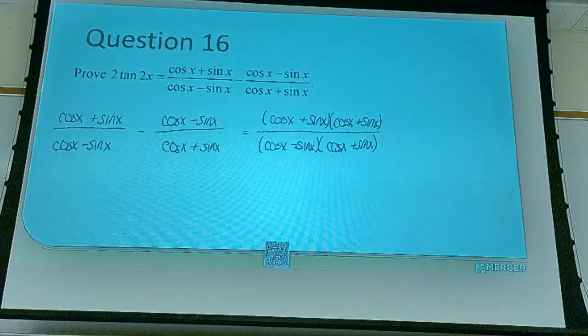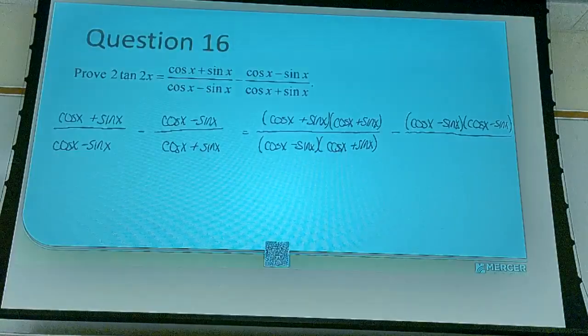Multiplying the first fraction by cosine x plus sine x over cosine x plus sine x. Multiplying the second by cosine x minus sine x over cosine x minus sine x.